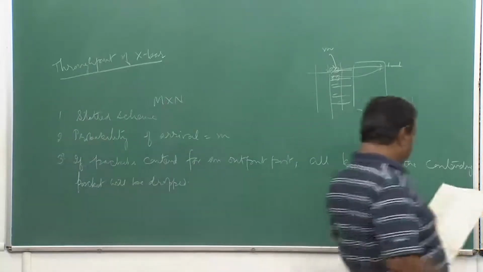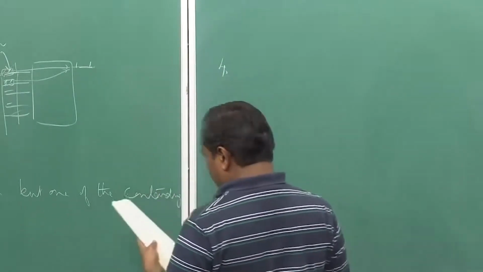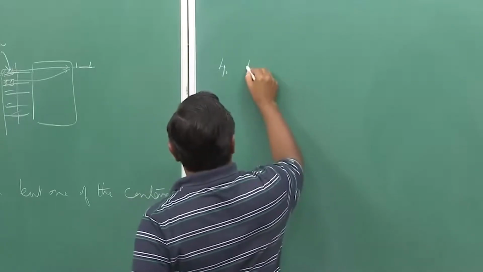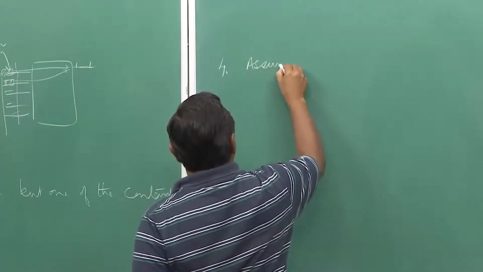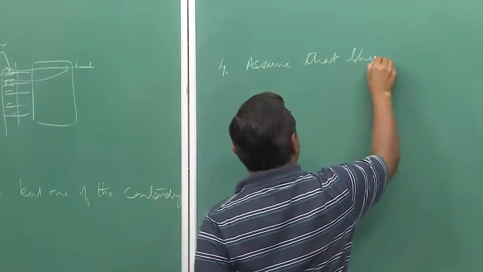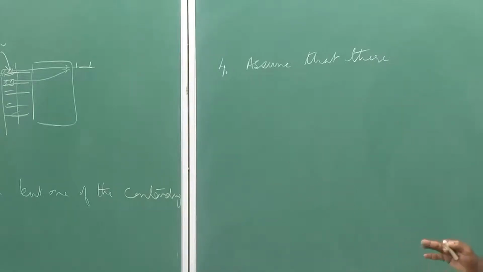We also do assume now, the fourth thing, that there is no correlation between the slots. So, pure independence is the fundamental assumption which we have been making.